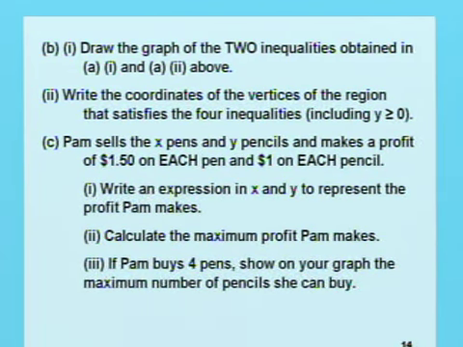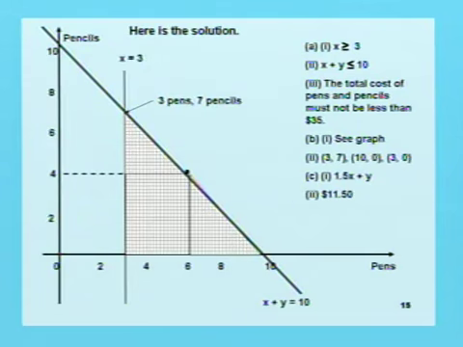Part 2. Calculate the maximum profit Pam makes. Part 3. If Pam buys 4 pens, show on your graph the maximum number of pencils she can buy. Here is the solution.